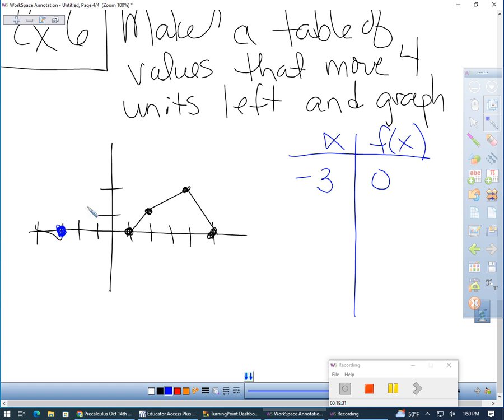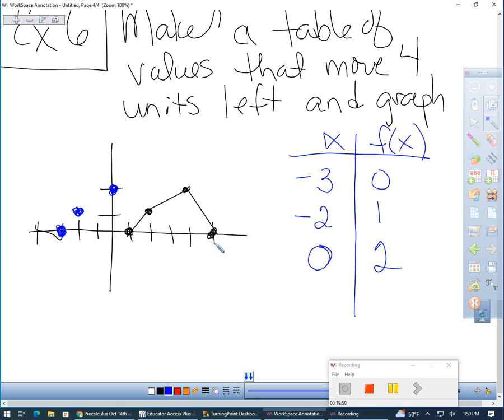Okay? I'm going to translate this one to the left 4. So 1, 2, 3, 4. So that point is at -2, 1. Next one, I'm going to move this point to the left 4. 1, 2, 3, 4. So that point is at 0, 2.